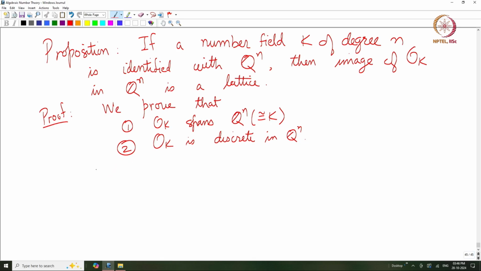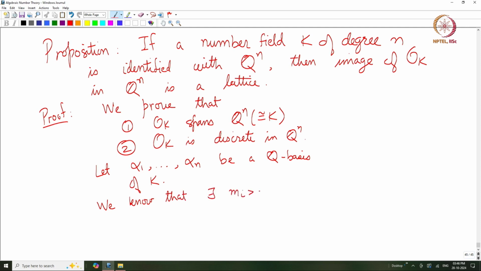So, that is easy. Let alpha 1 up to alpha n be a Q basis of K. This we can always do because K is an n dimensional Q vector space. And we know that there exist m_i bigger than 0 in Z such that m_i alpha_i belongs to OK.